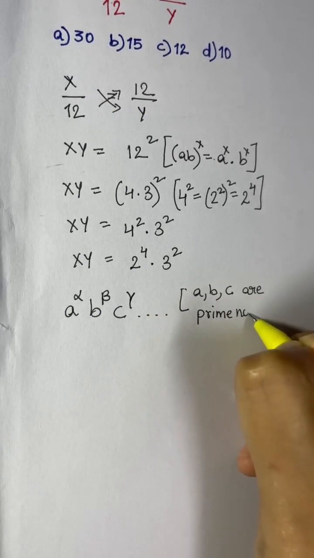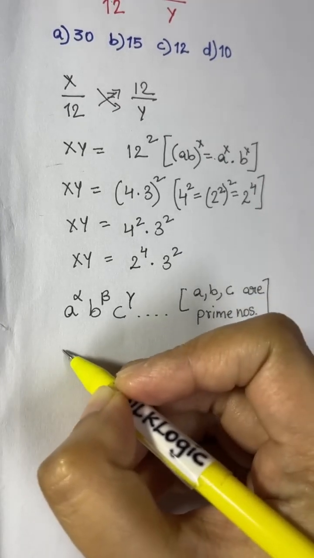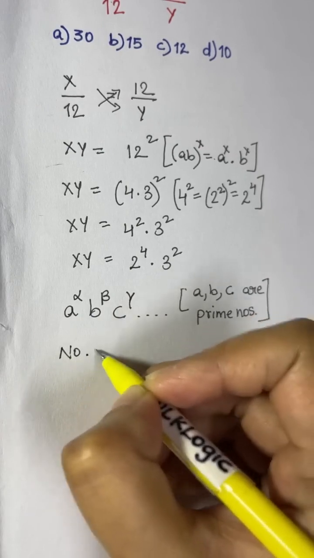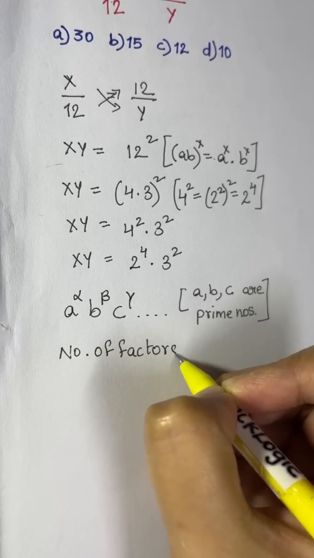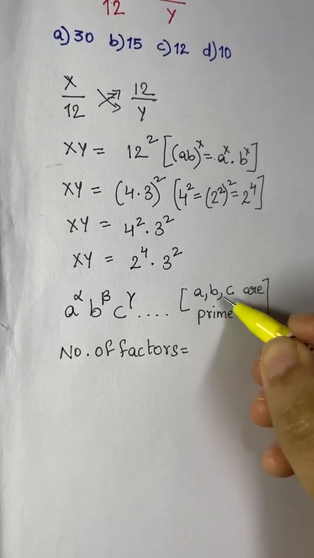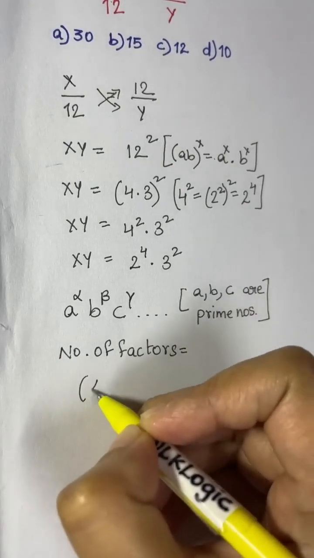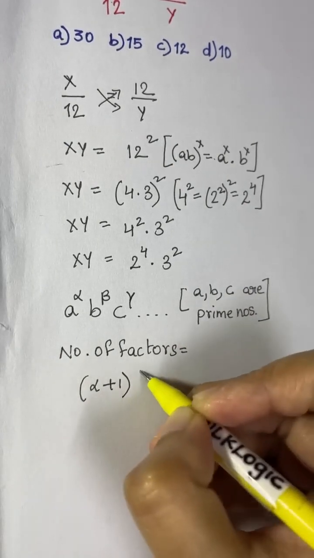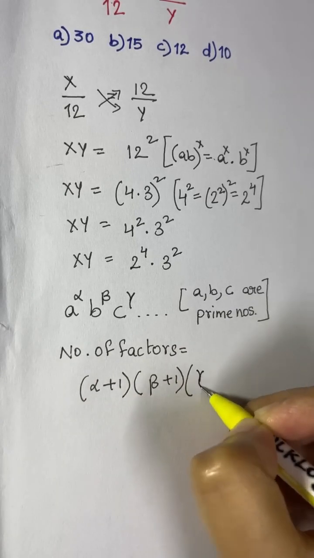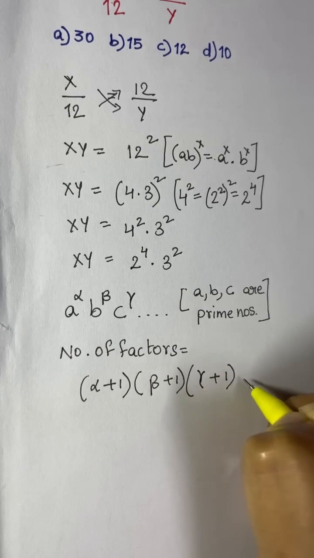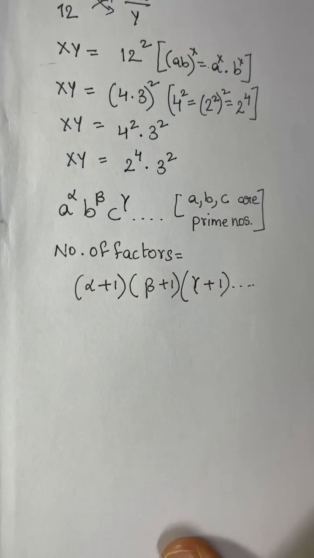If they are prime numbers, you can apply this, and you can find the number of factors easily. The number of factors is equal to alpha plus 1 times beta plus 1 times gamma plus 1, and so on.